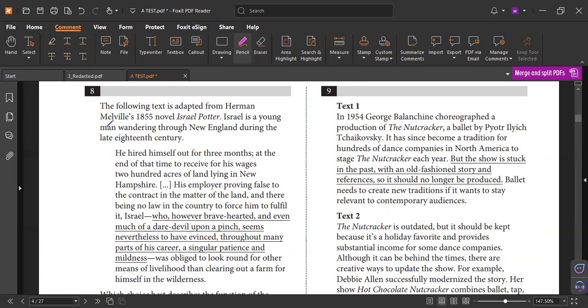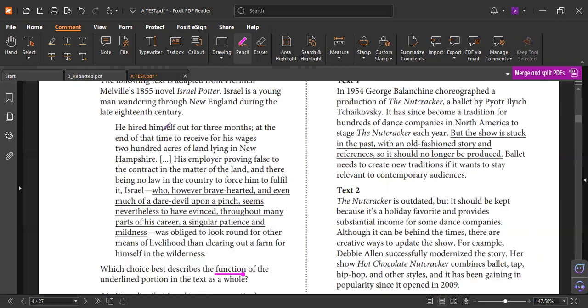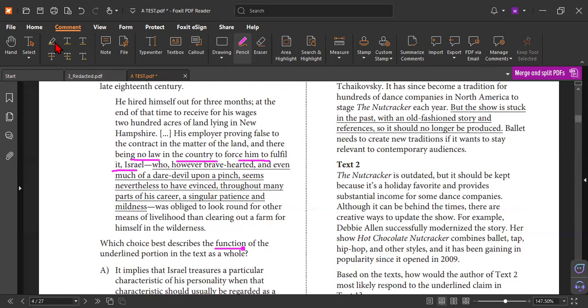Israel is a young, wandering man who hired himself out. Here there being no law in the country to force him to fulfill it, Israel, and then he adds non-essential information to describe him.